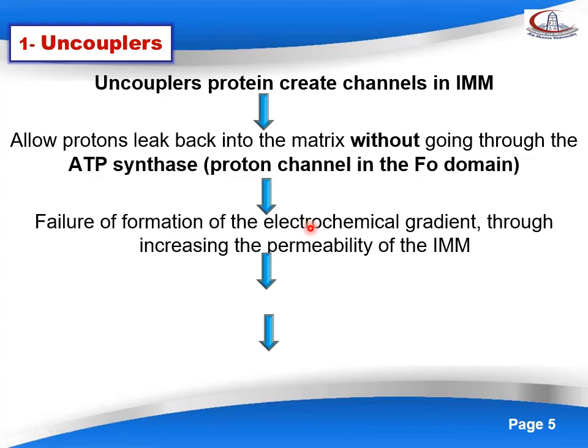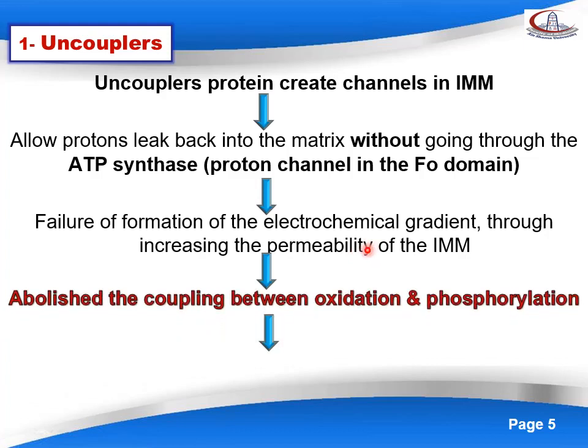The electrochemical gradient fails to form because of the increased permeability of the inner mitochondrial membrane, so no gradient is formed, and coupling between oxidation and phosphorylation is abolished.